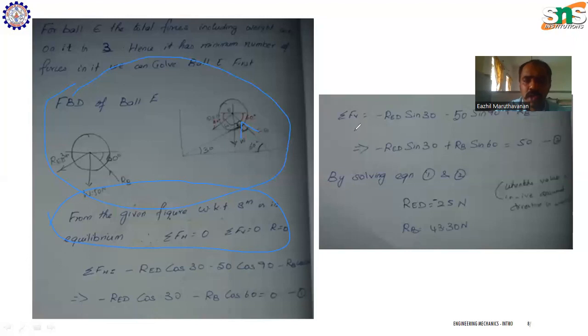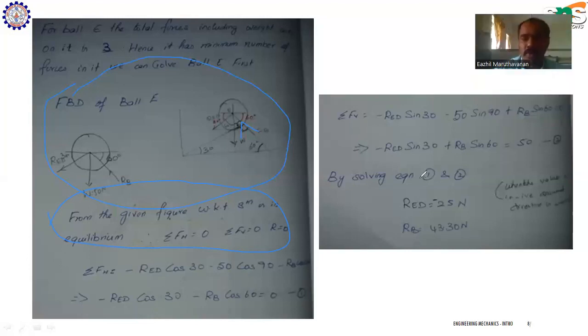We can also write down the equation for sigma FV. By solving equations 1 and 2, we get RED equals minus 25 Newton and RB equals 43.30 Newton. Since the value is negative, the assumed direction for RED is wrong. The assumed direction was downward, so we have to assume the direction as upward.